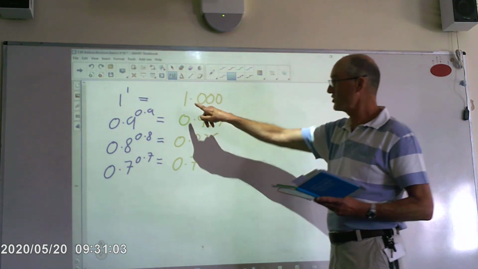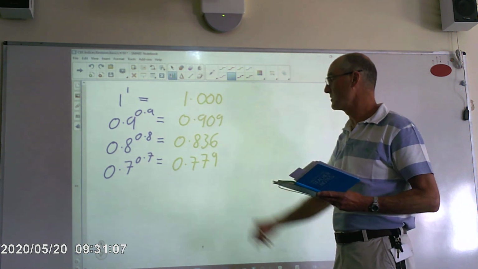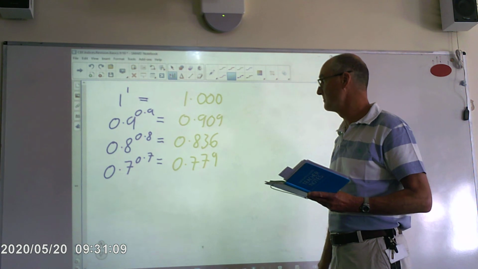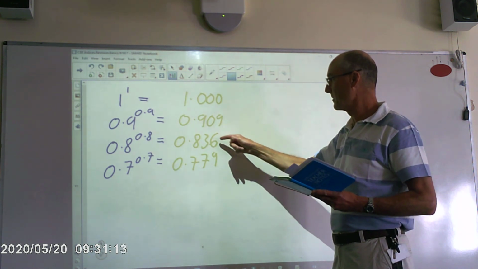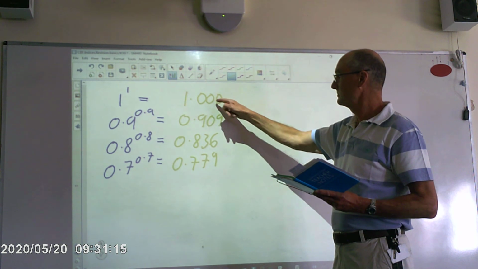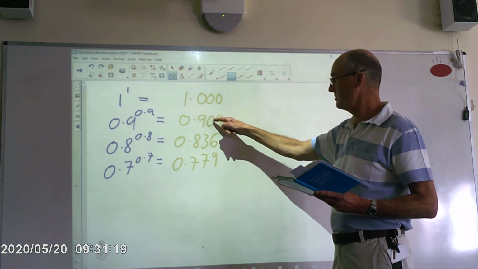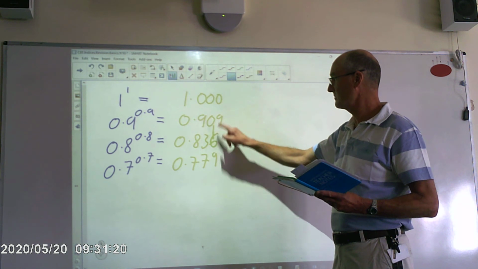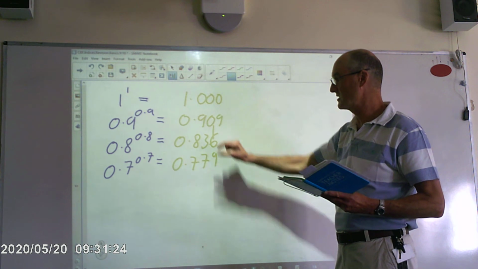What's happening each time? You can see quite clearly we're going down in value each time. But it is starting to slow up. Quite a big difference between these two numbers. Still a big difference, but getting smaller between these two numbers, and then the difference is coming down each time.